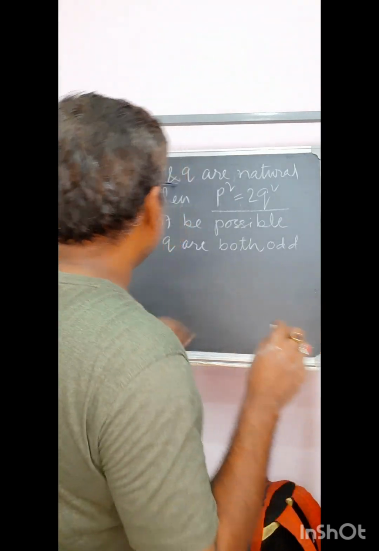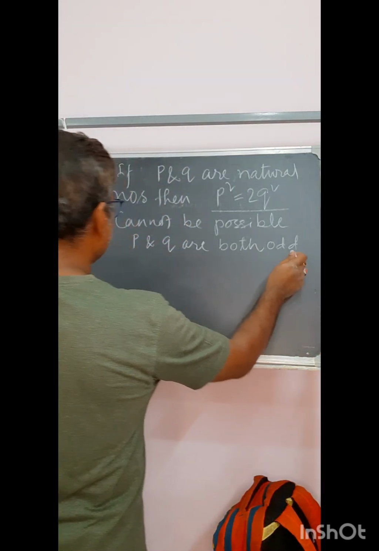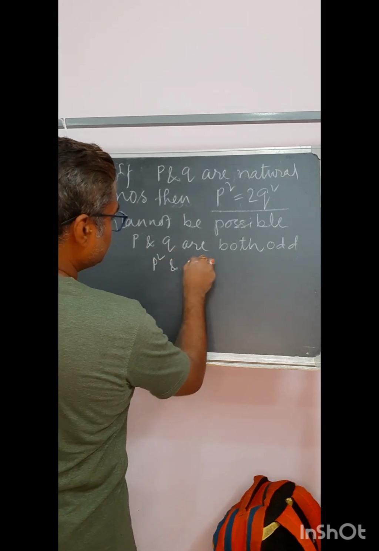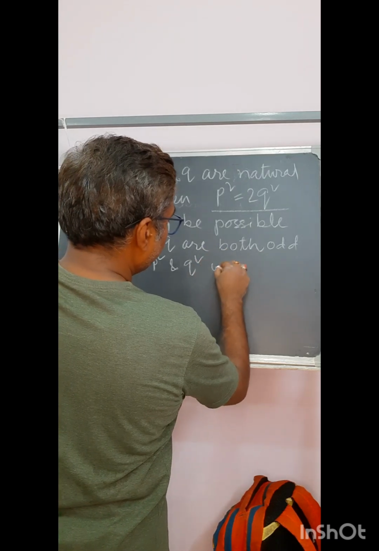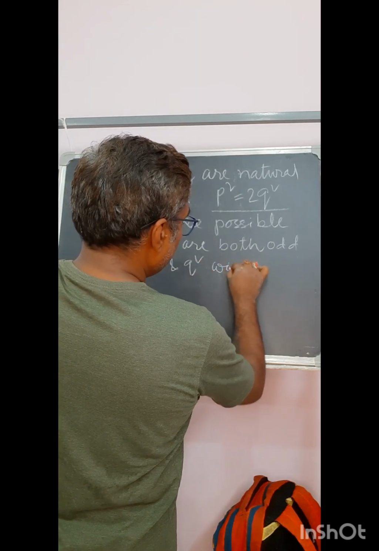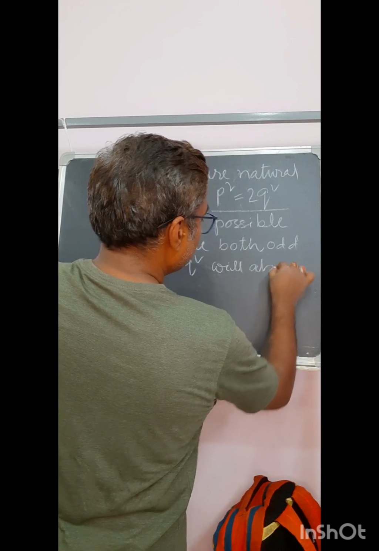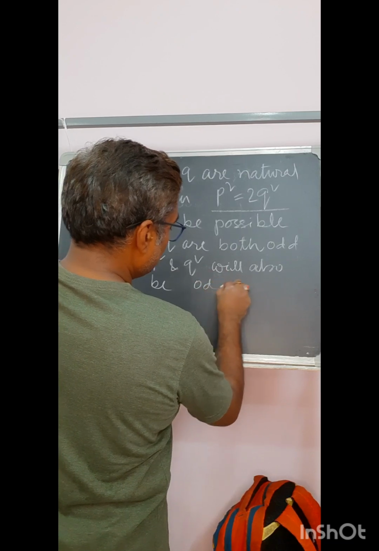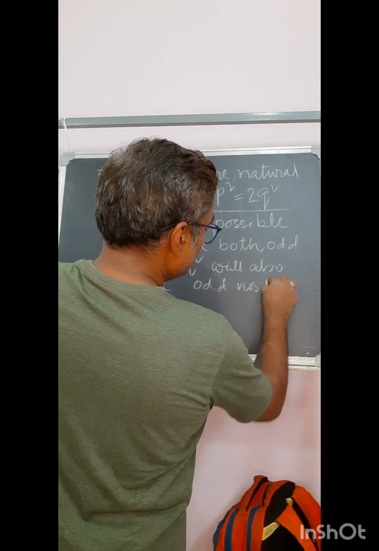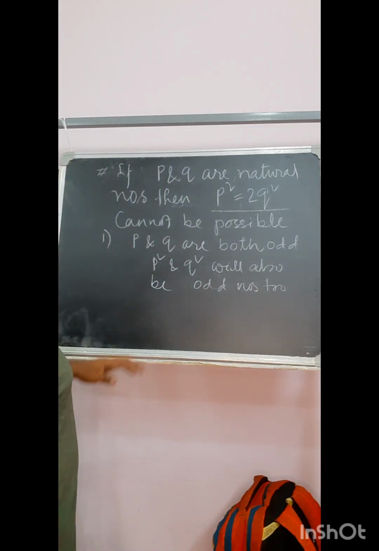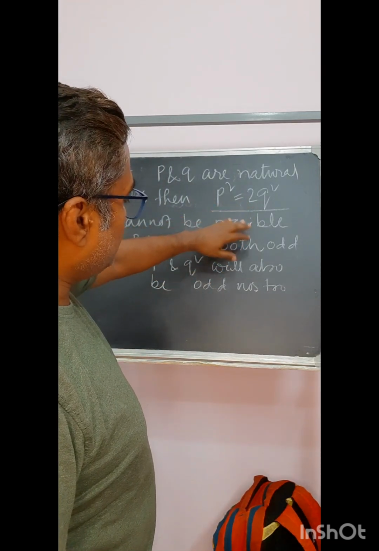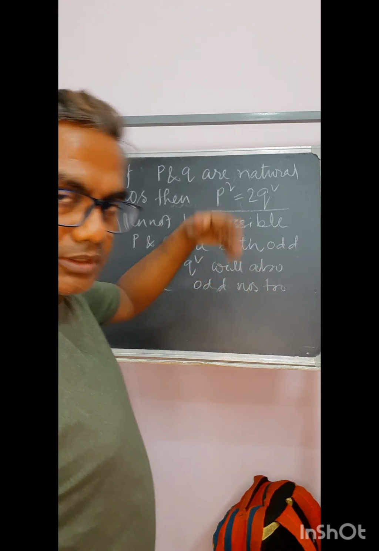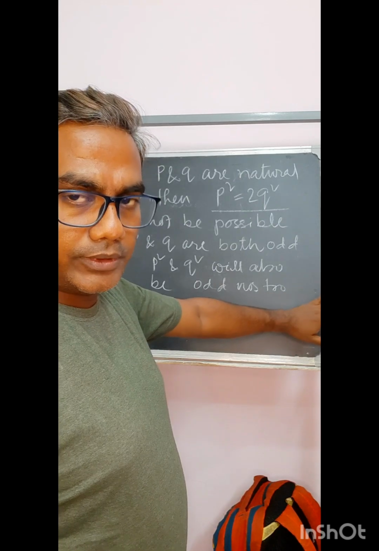Then naturally p square and q square will also be odd numbers, because I have already told you any odd number squared is odd, and any even number squared is even.